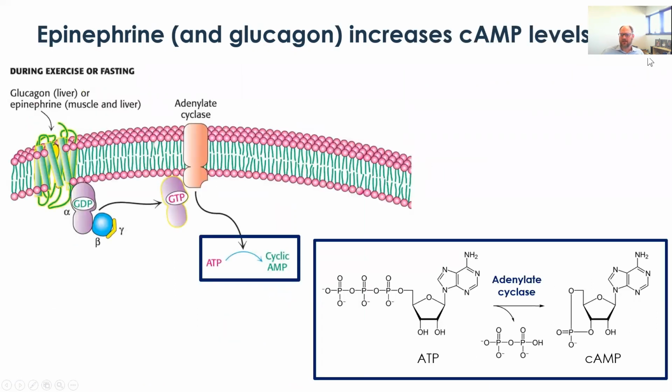Both epinephrine and glucagon have their effect, and the signal is transferred into metabolic action through a signaling cascade.